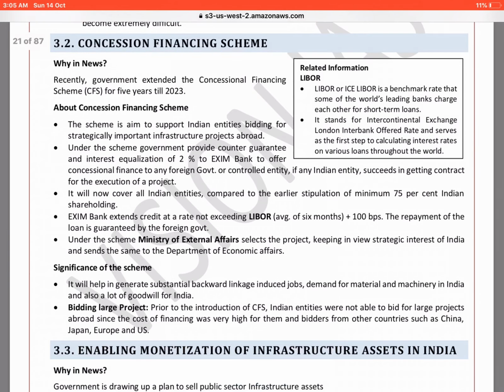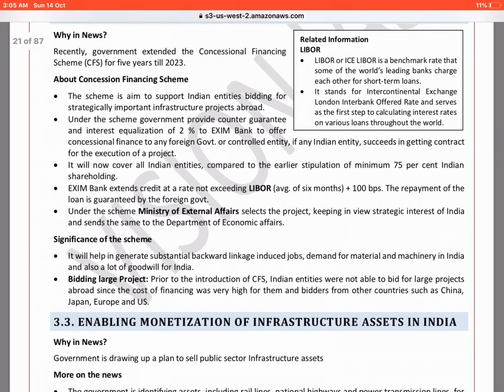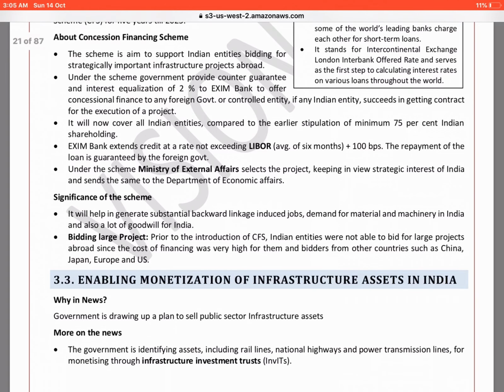The next one, concessional financing scheme. So recently, the government extended the concessional financing scheme for 5 years till 2023. What will happen in the concessional financing scheme is, suppose an Indian entity wants to bid for any infrastructure projects abroad.